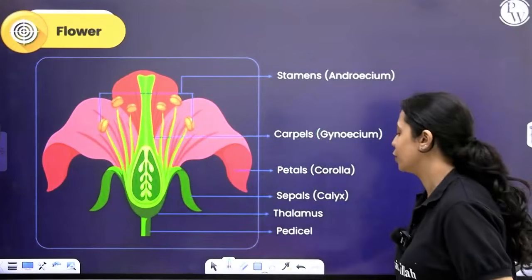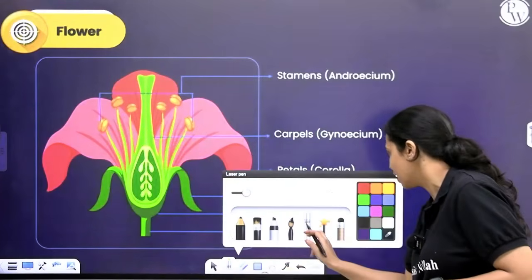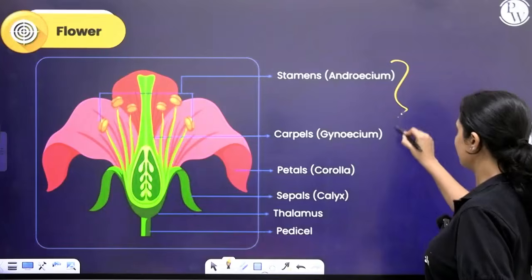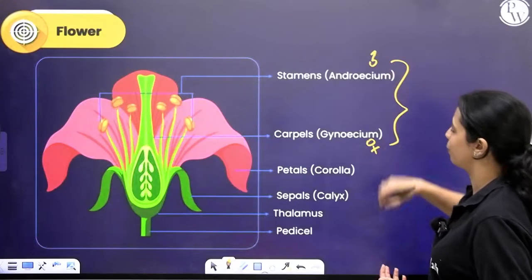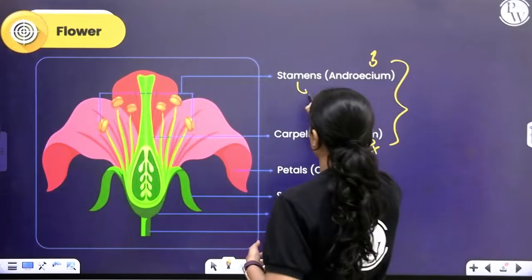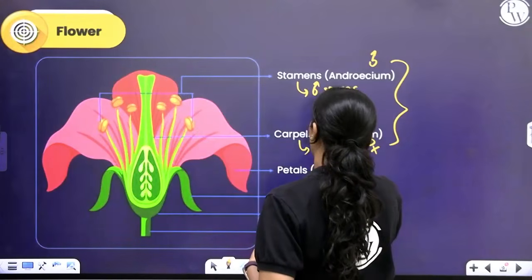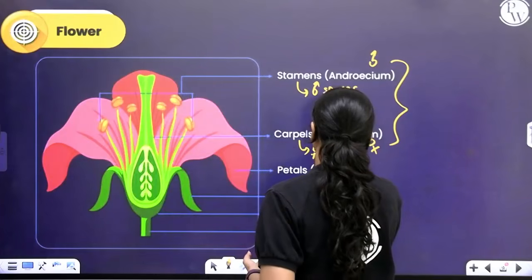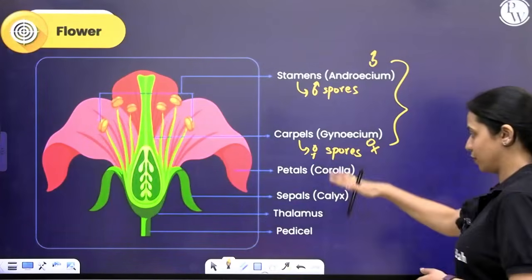Since over here we are talking about sexual reproduction specifically, our focus will mostly be on these two whorls. This is the female reproductive part, this is the male reproductive part. It is within the stamens that the male spores will form. It is within the carpels or the gynoecium that the female spores will form. So we will focus mostly on these parts of the flower.